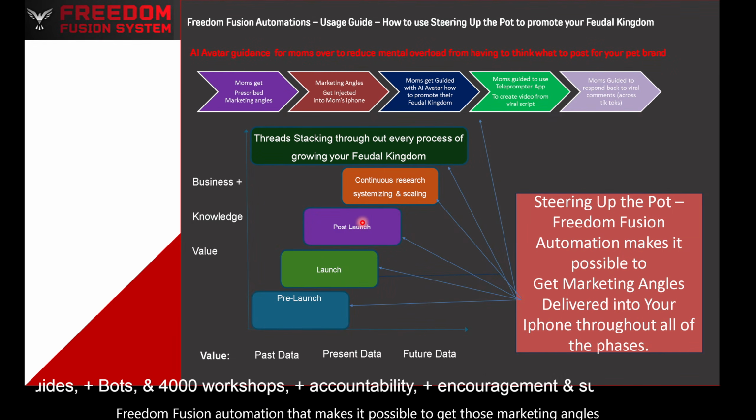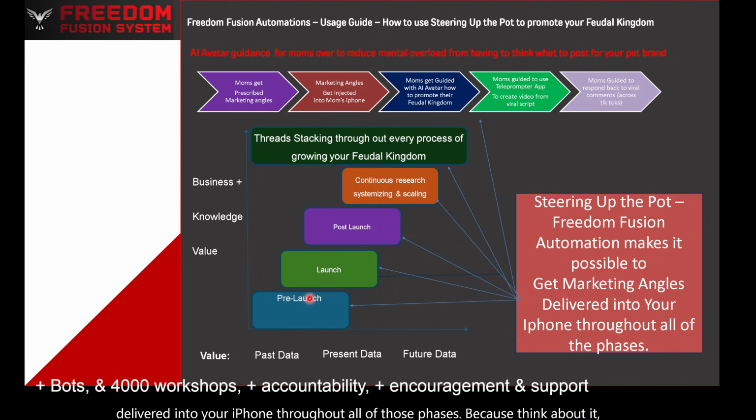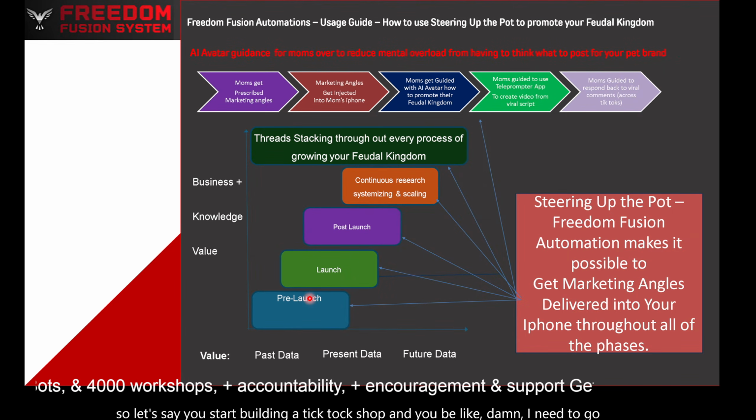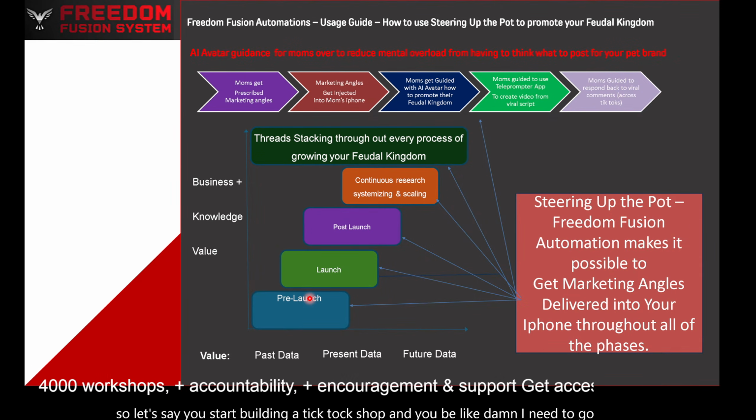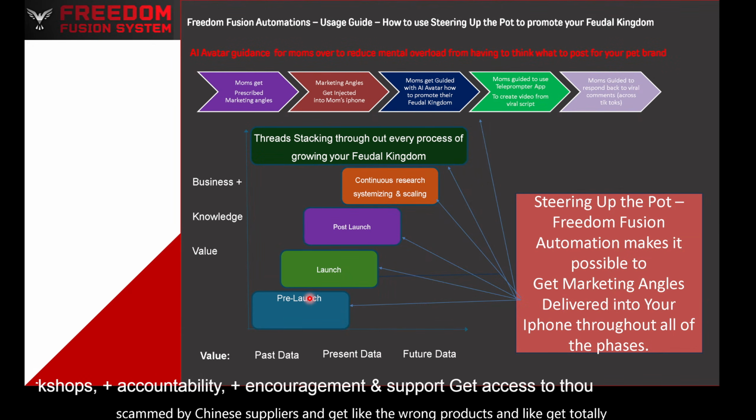Think about it: let's say you start building a TikTok shop, and you need to get like 1,000 products from China. You don't want to get scammed by Chinese suppliers and get the wrong products and go bankrupt. We don't want you to struggle with that, guys.